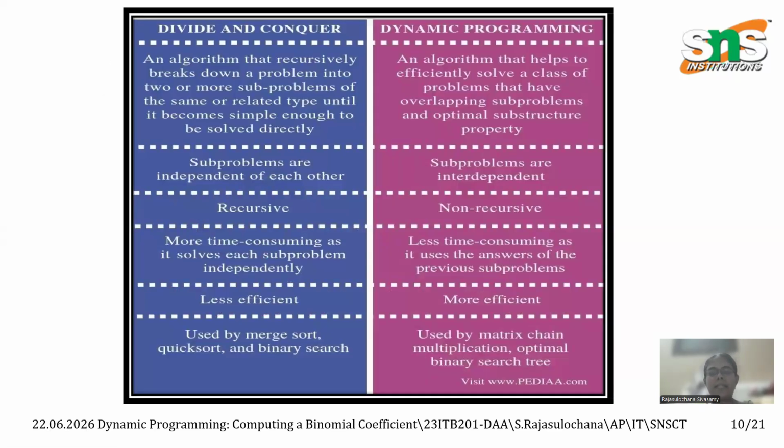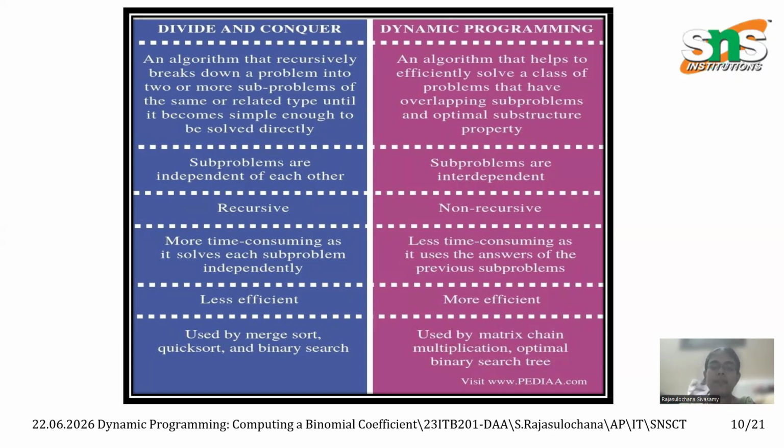So here is a major difference between divide and conquer technique and dynamic programming. As I have said earlier, divide and conquer is used to solve subproblems. However, the subproblems are not overlapping, whereas in dynamic programming, the subproblems are overlapping, that is, they are interdependent. Whereas in divide and conquer, they are independent of each other.